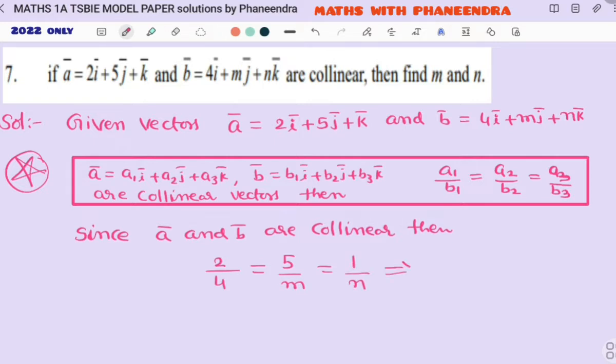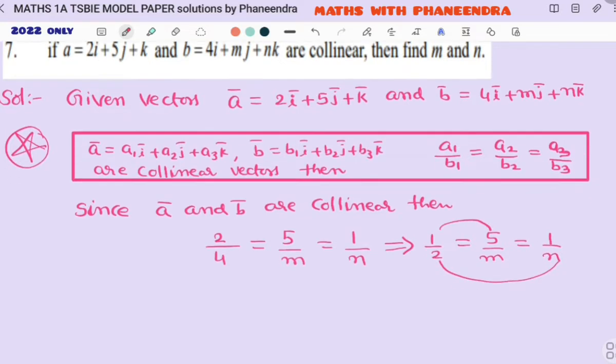That implies that 2 by 4 means 1 by 2 is equal to 5 by m is equal to 1 by n. Equating these two, that implies that 1 by 2 is equal to 5 by m. Cross multiplication, m is equal to 10.